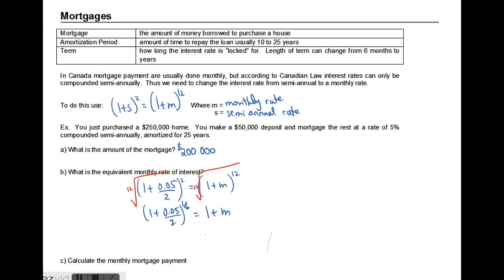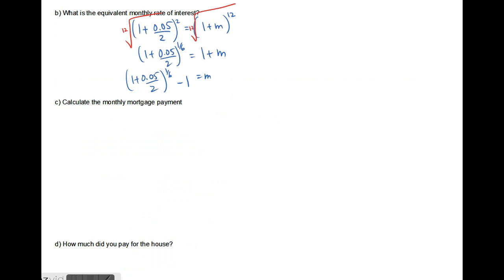Then to get m by itself, we just subtract 1. Using a calculator, this is approximately 0.004123915. You want to keep 8 decimal places here.